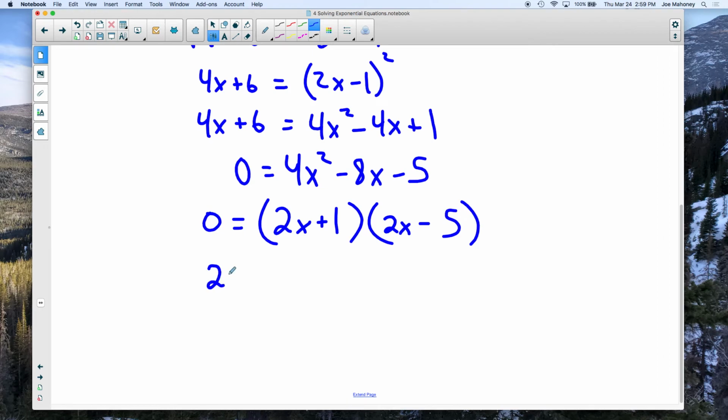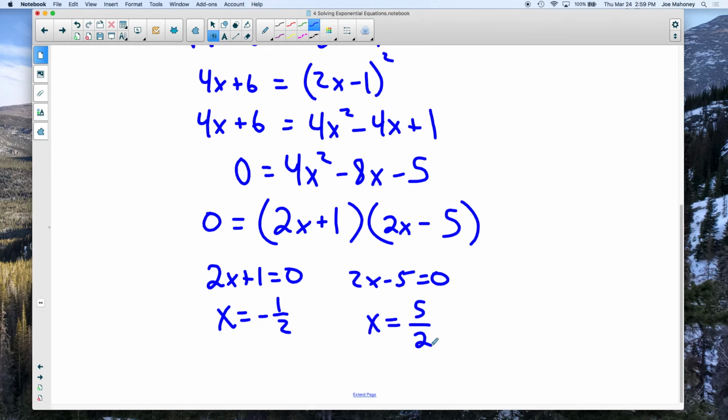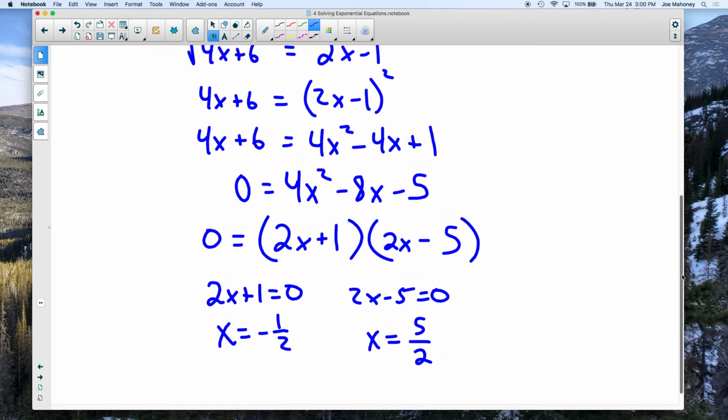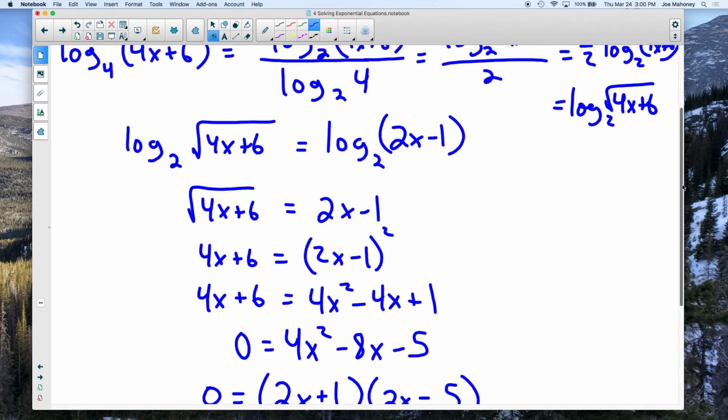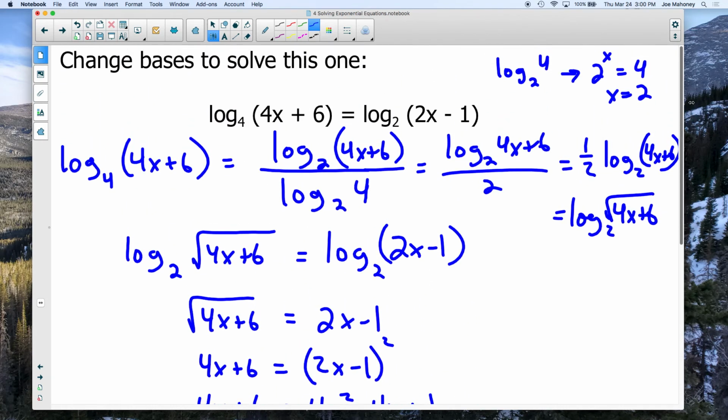This is cool. So 2x plus 1 equals 0, so x equals negative 1/2. And 2x minus 5 equals 0, so x equals 5 over 2. Oh, but hold on, I got to check to see if I got any domain errors. Let's take a look all the way back at the beginning. If I plug in negative 1/2, oh boy, I think I'm in trouble.